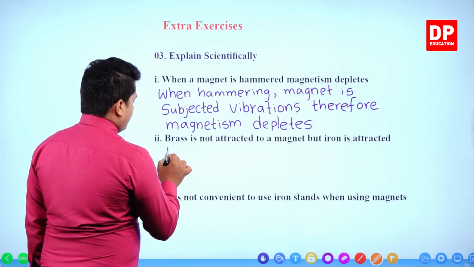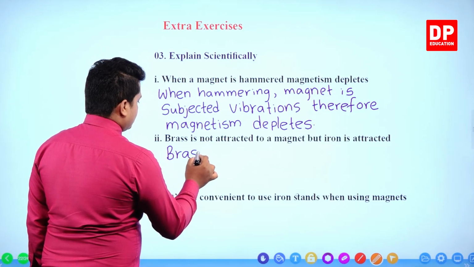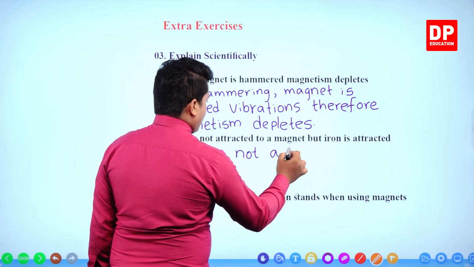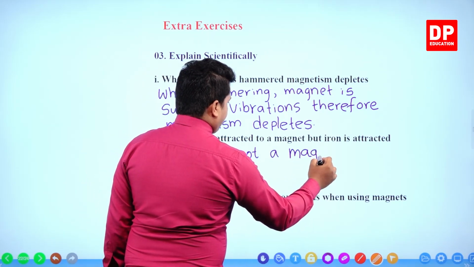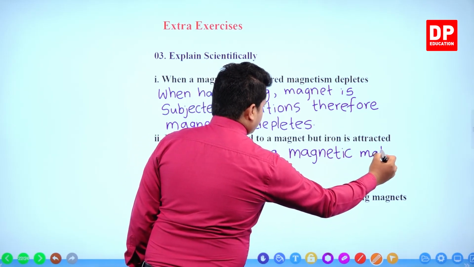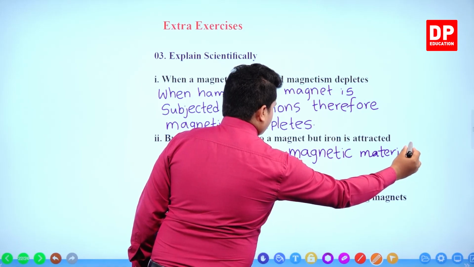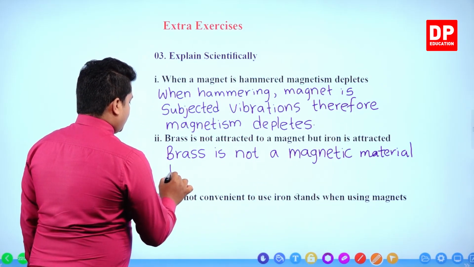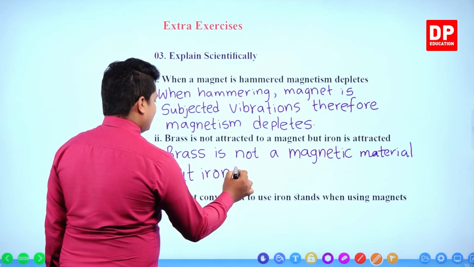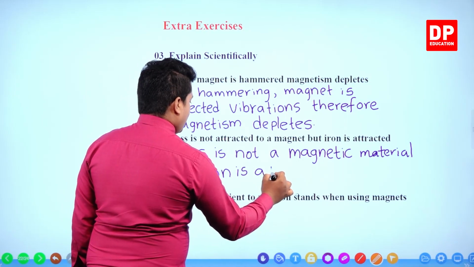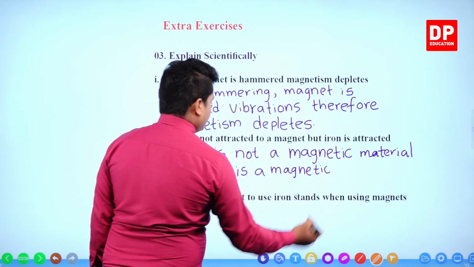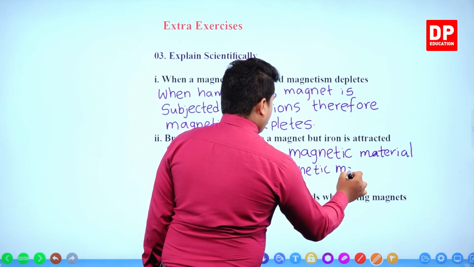So we can write, brass is not a magnetic material, but iron is a magnetic material.